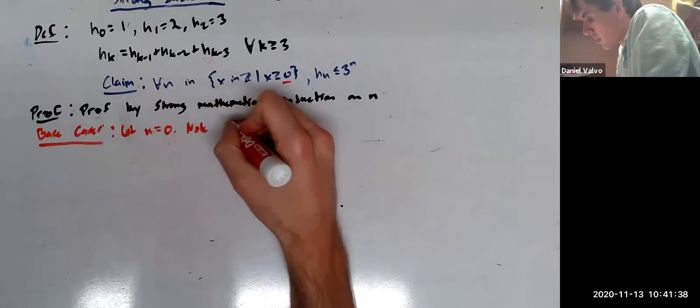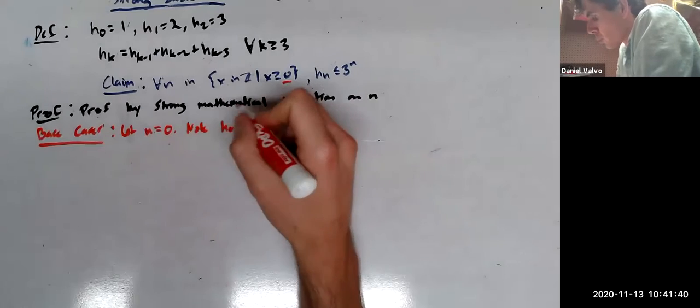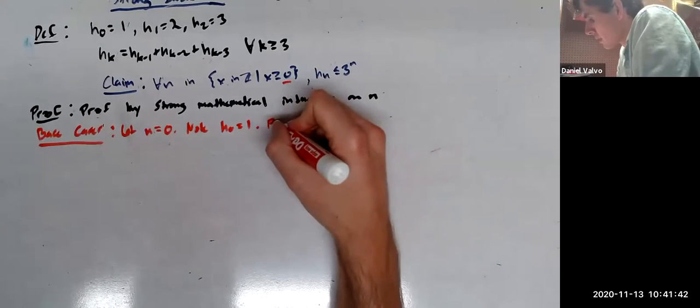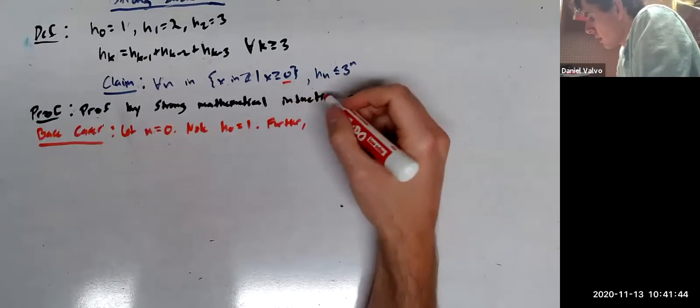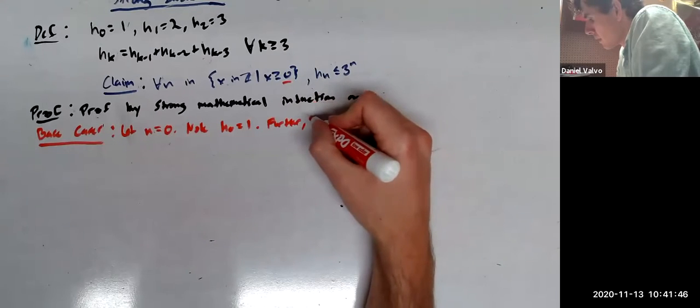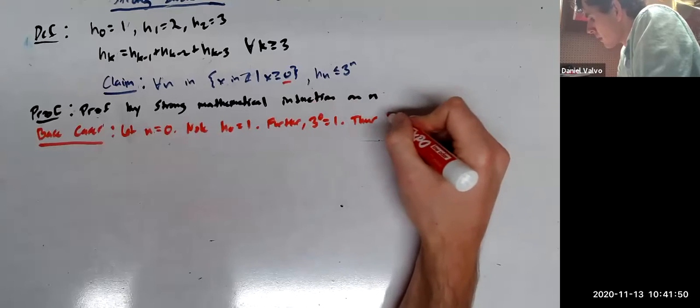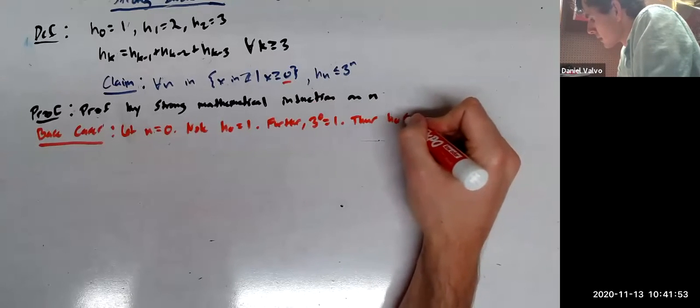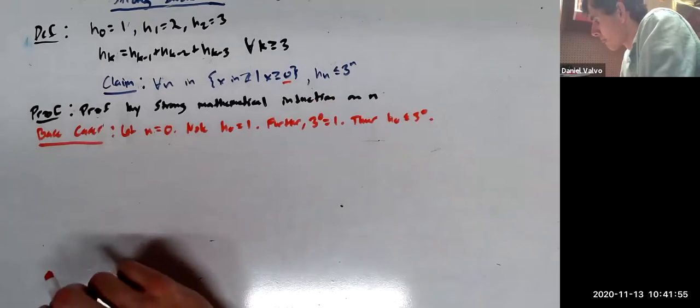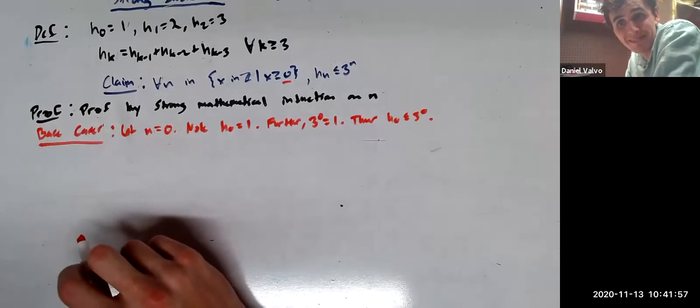Note, h of 0 equals 1 by definition. Further, 3 to the 0 equals 1. Thus, h of 0 is less than or equal to 3 to the 0. Done. That easy.